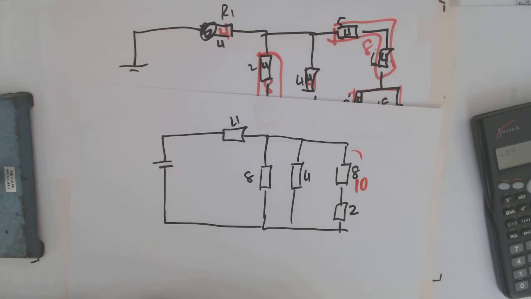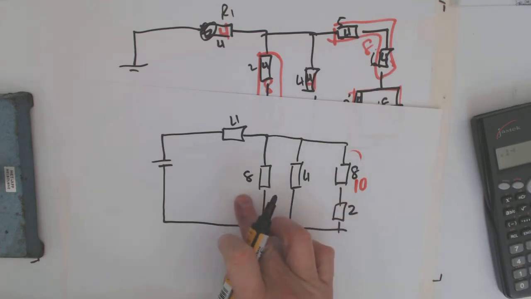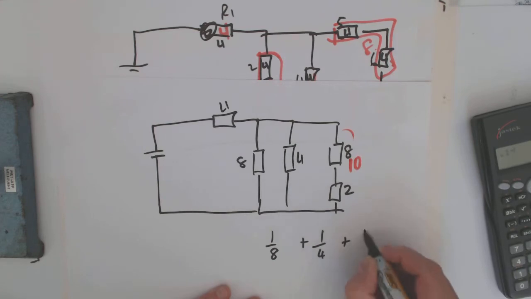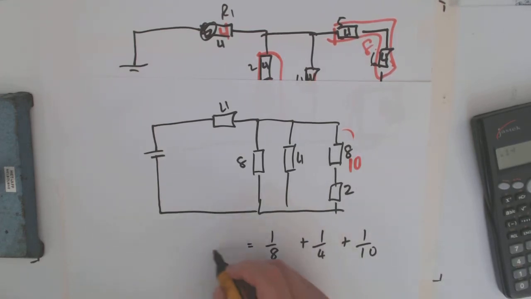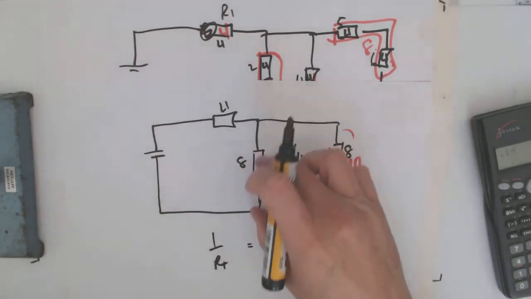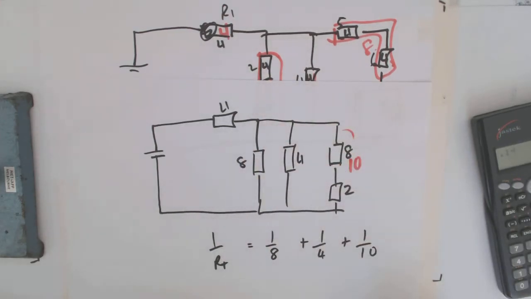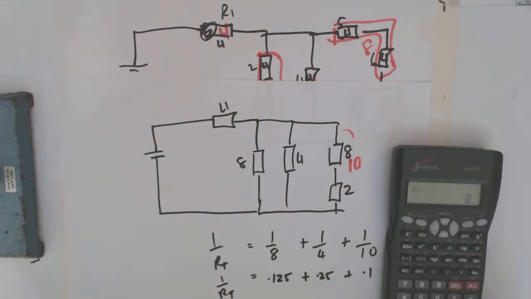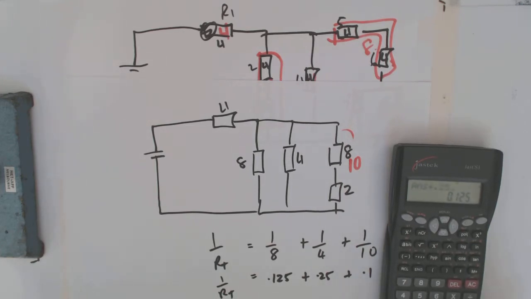Now the way I can solve this is, I've got 3 resistors in parallel. So I can go 1 over 8 plus 1 over 4 plus 1 over 10 is equal to 1 over RT. That will effectively give me the equivalent of 1 resistor. 1/8 is equal to 0.125, 1/4 is equal to 0.25, 1/10 is equal to 0.1.